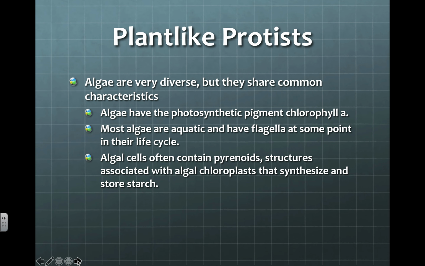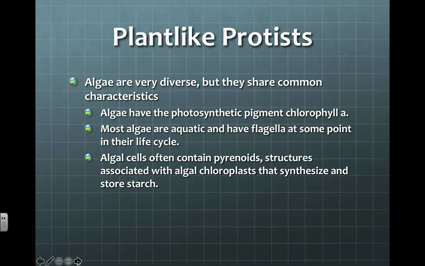Now, they're going to contain pyrenoids, and these are structures associated with the chloroplast that synthesize and store their carbohydrates as starch. Pyrenoids are structures that are very closely associated with the chloroplast in algae.